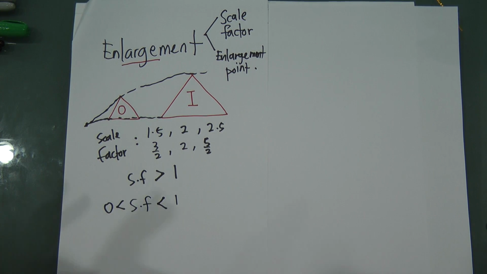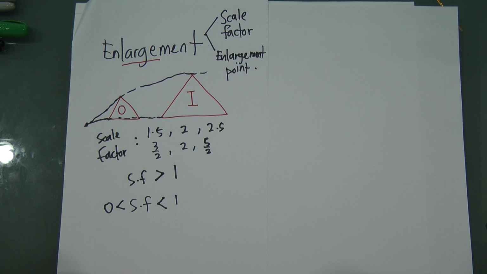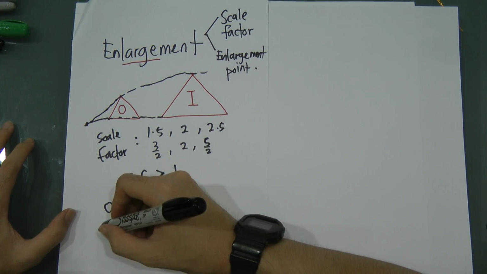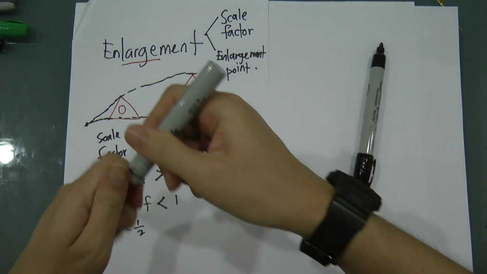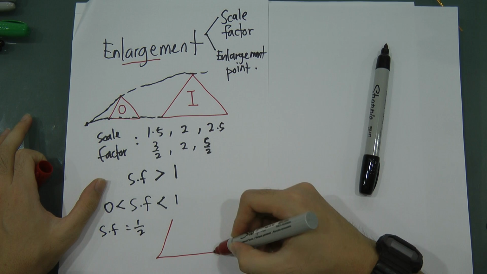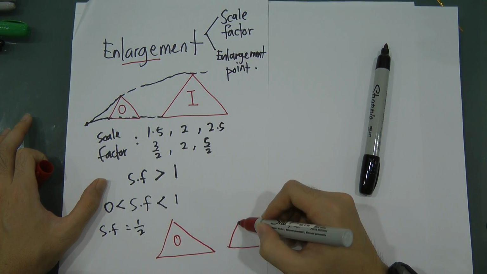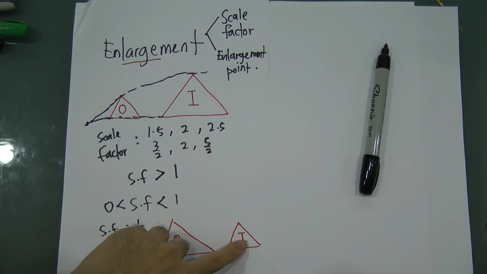So we will get an image that is smaller than the object. Let's say the scale factor is 1 over 2. It means that if this is the object and this is the image, the image will become smaller.